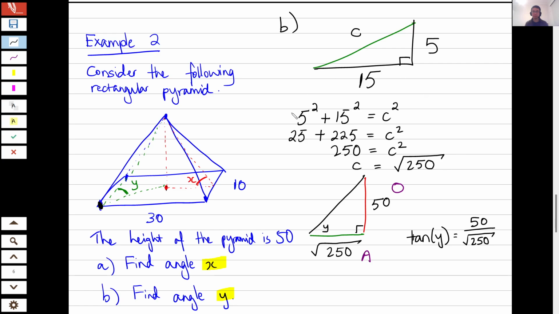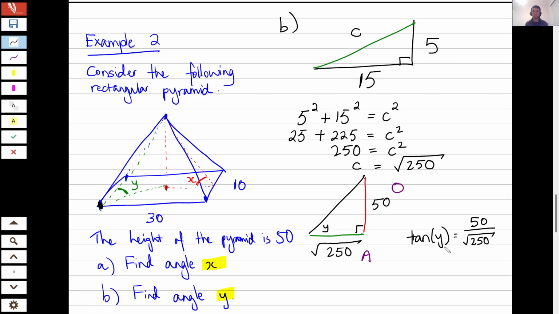But because I'm speaking to a general audience, not everyone knows how to simplify a surd, so I'm just going to leave it in this form. Okay? It is 5 root 10. Is that right? Yeah, 5 root 10. But we'll just leave it as root 250.